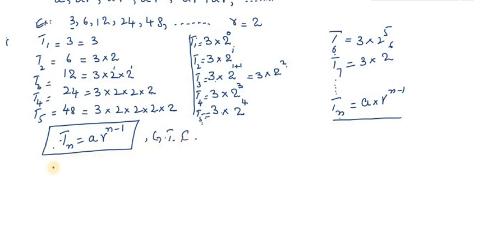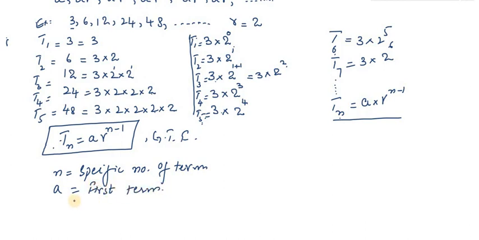Here n is the specific number of the term. A is the first term of the sequence. R is the common ratio, which is a fixed number.